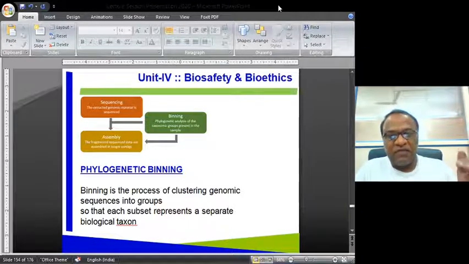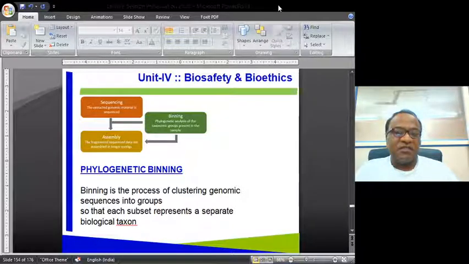See, we have sequenced. Now we are moving to the process of assembling the sequence, and then in between we have the phylogenetic analysis of the taxonomic groups. We call it phylogenetic binning.